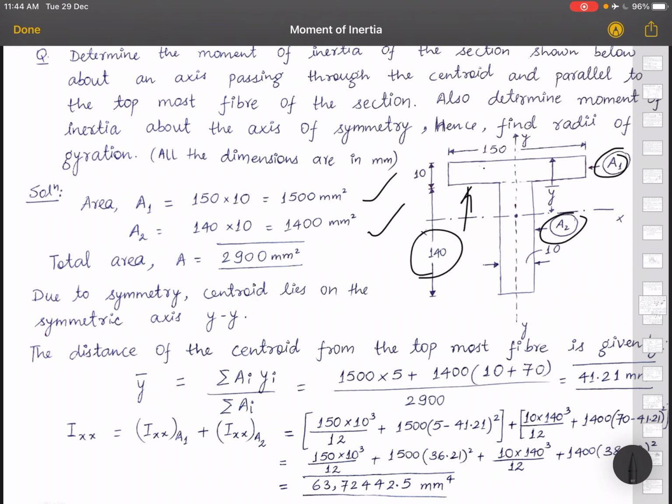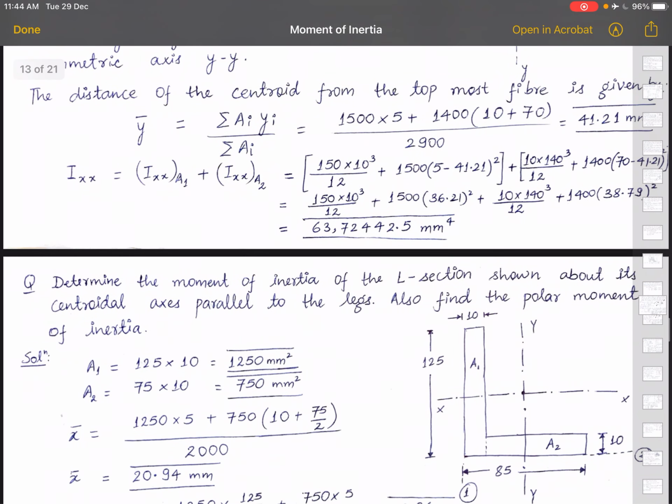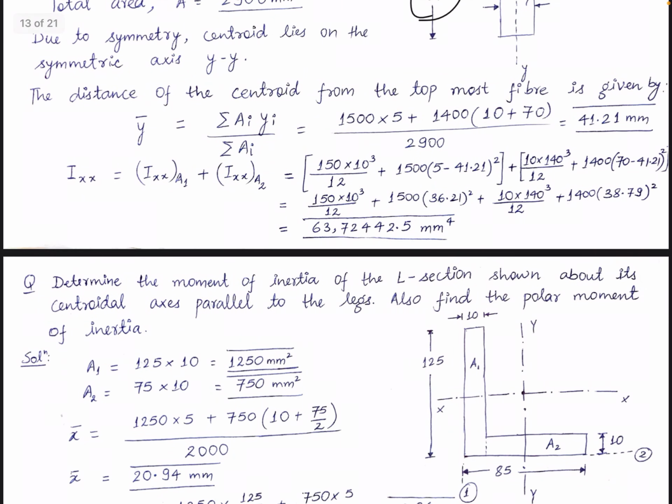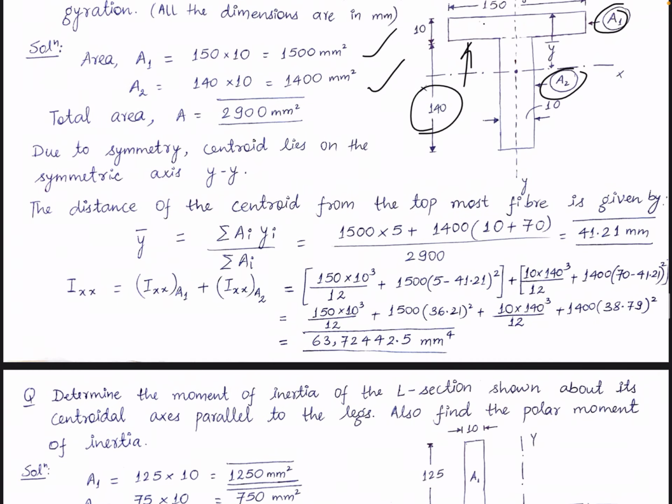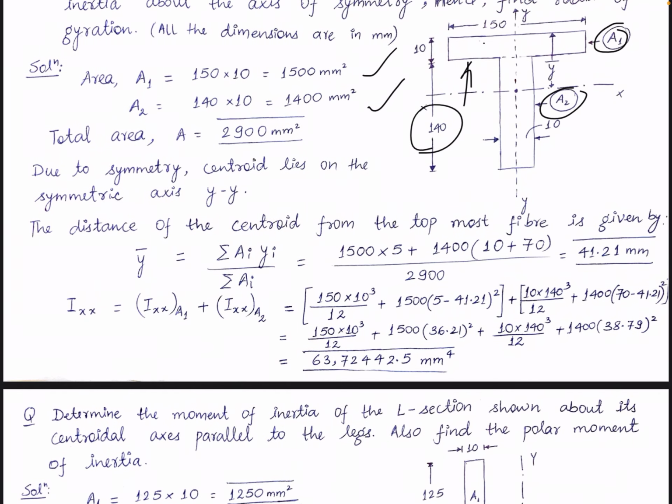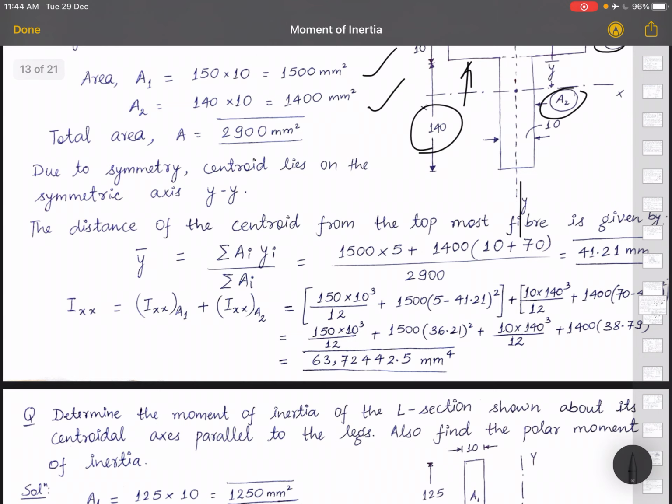Due to symmetry, the centroid will lie on the symmetry axis, that is the y axis. So we have to calculate the distance y bar. y bar will be summation of Ai yi divided by total area. First, y for A1, which is 1500: 10 by 2, that is 5, is the centroid of this upper section.